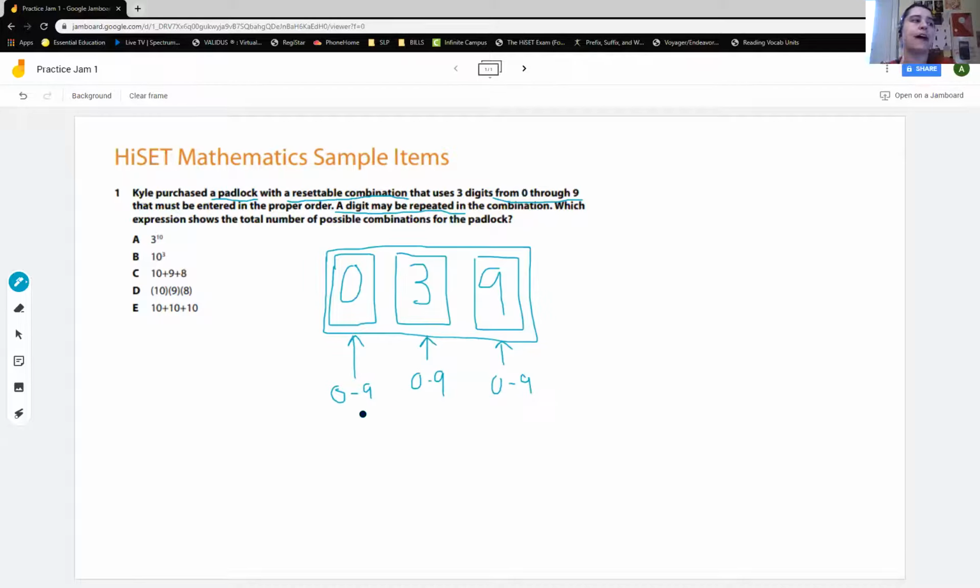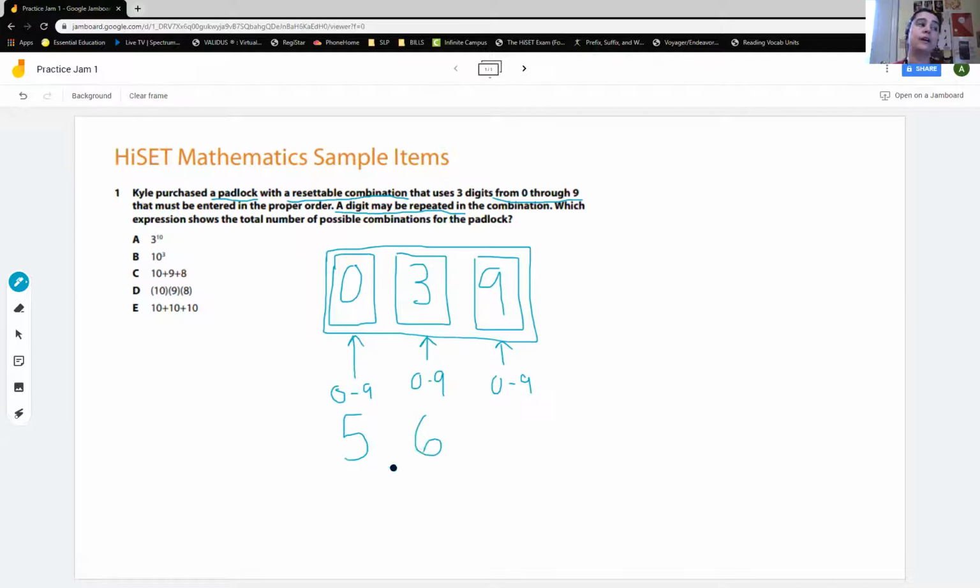So for example, if I had a 5 in the first position, and I could not repeat that 5, then instead of being able to use anything from 0 to 9 in the second position, I would have to remove the 5 from that list of possible digits. And so I would have 0, 1, 2, 3, 4, not 5. And then I would have 6, 7, 8, and 9. So there would actually only be 9 different possible things that I could use here. And maybe I use a 6, let's say.